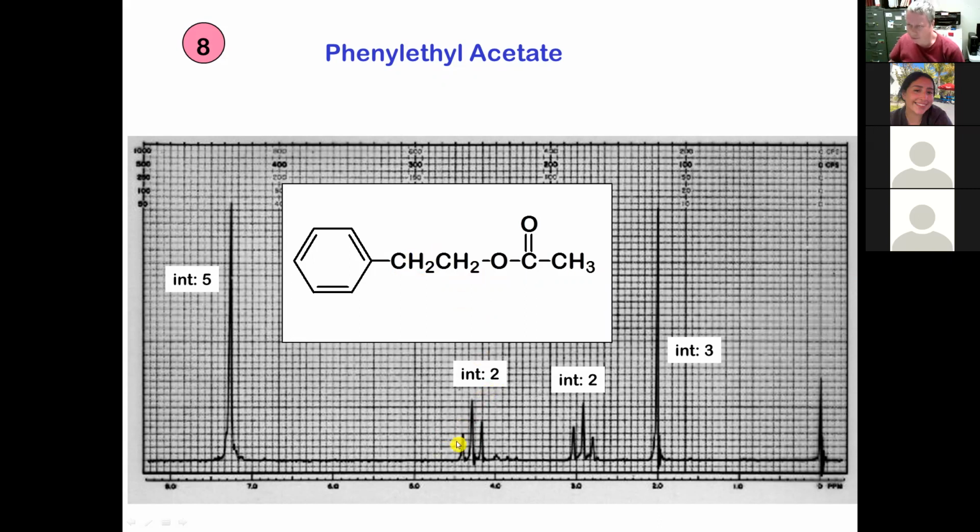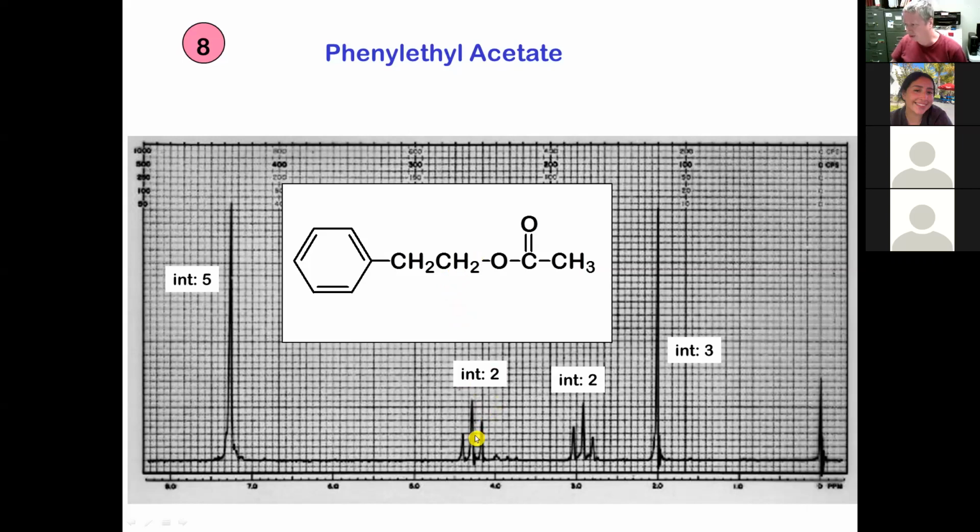But which is the downfield one? The 4 point something. Is it the left one or the right one? Left or right CH2? The 4 point something, which is pretty far downfield. Remember, it's more downfield than simply being next to a benzene. If you're next to an oxygen, the one at 4 is going to be the one on the right because it's next to the oxygen.